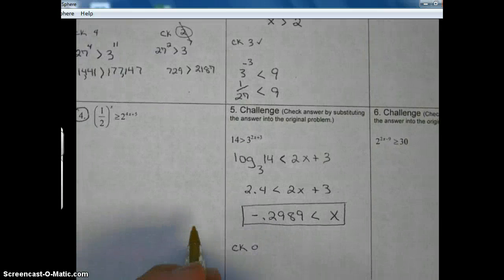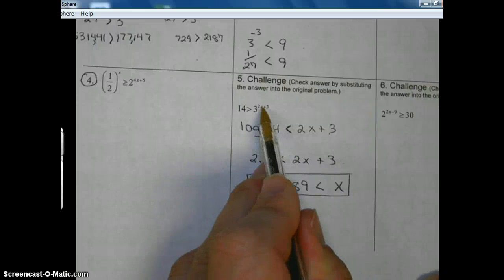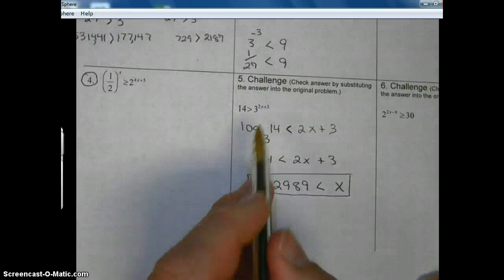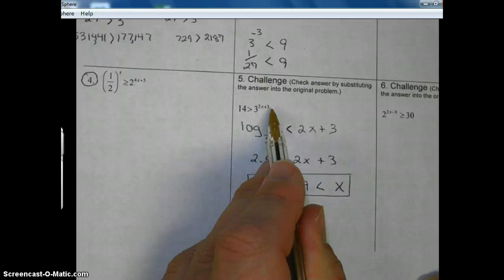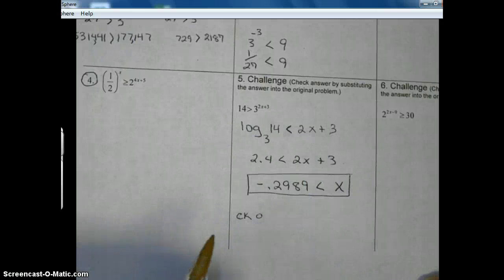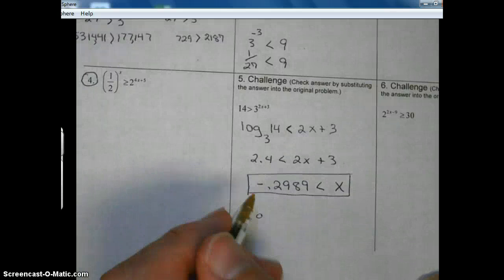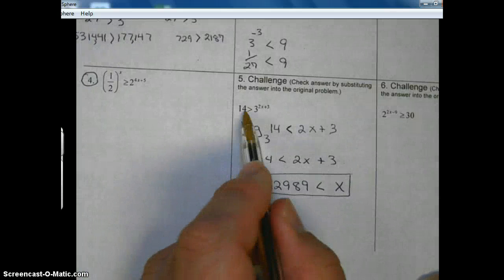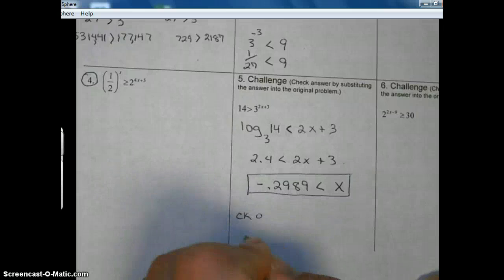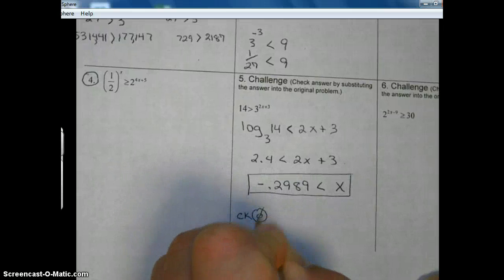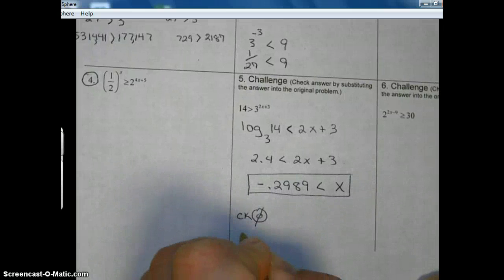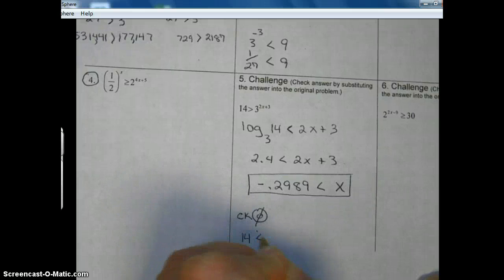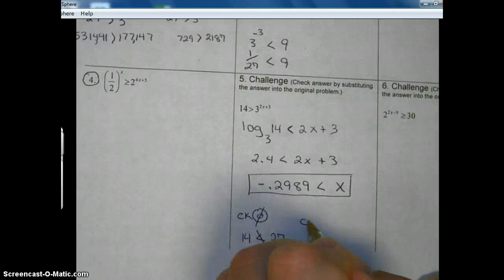That's an easy check. 2 times 0 is 0. 0 plus 3 is 3. 3 times 3 times 3 is 27. So is 14 greater than 27? And that does not work. 14 is not less than 27.